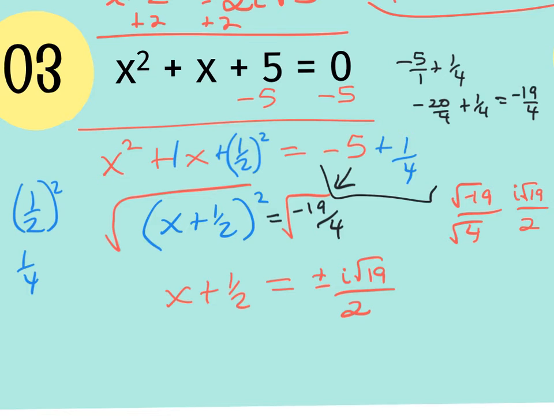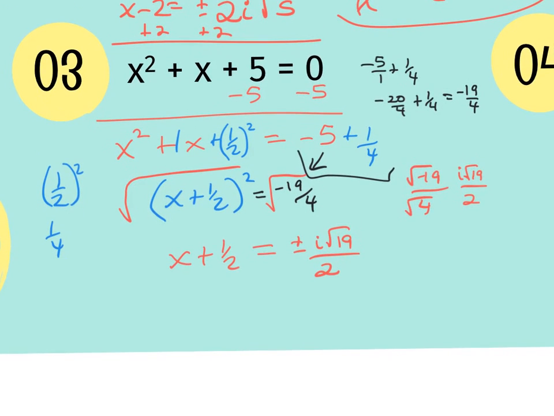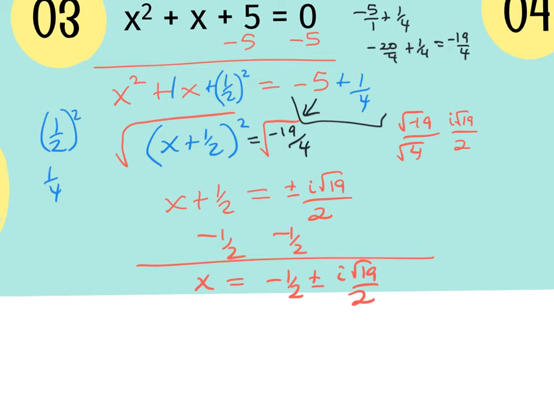And now you move the 1/2 over. So final answer, x equals -1/2 plus or minus i square root of 19 over 2. If you want to combine it into 1, you could do -1 plus or minus i root 19 over 2. Either one.